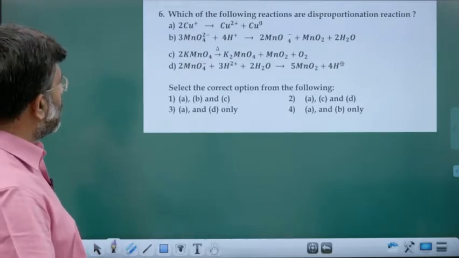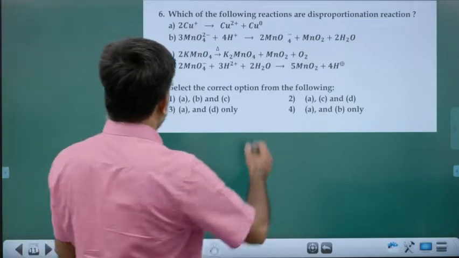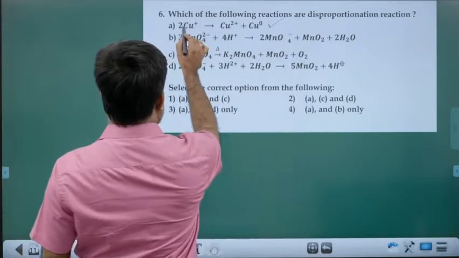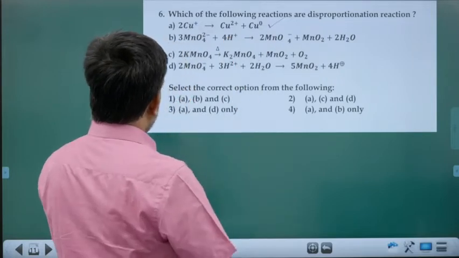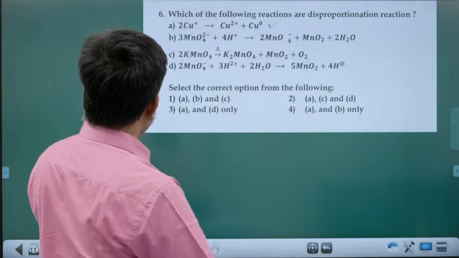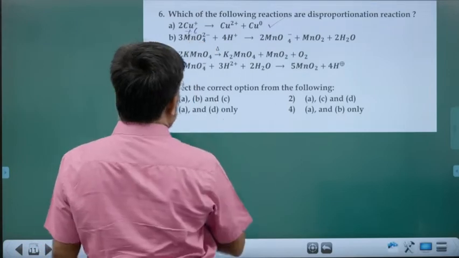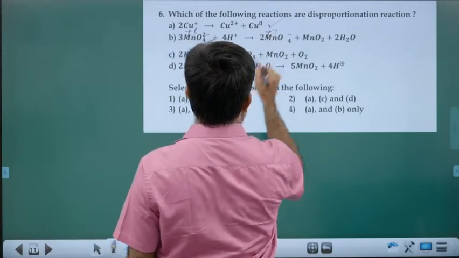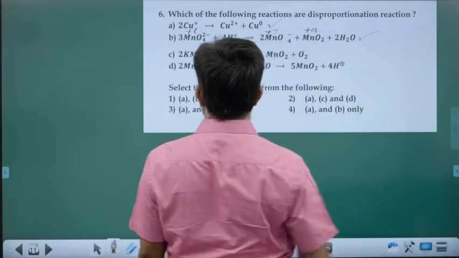Which of the following reactions are disproportionation? First one, it is disproportionation. +1 changes to +2 and to 0. What about the second one? This is manganate, Mn +6, oxidized to permanganate +7, and reduced to MnO2 +4. That is also disproportionation.